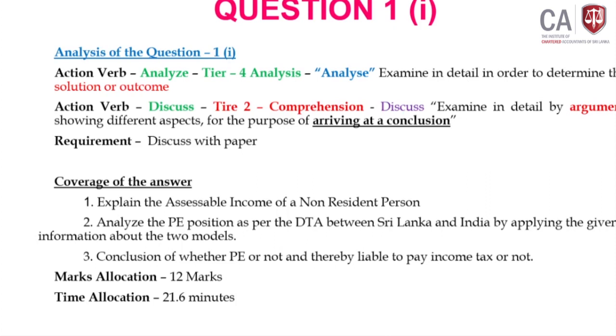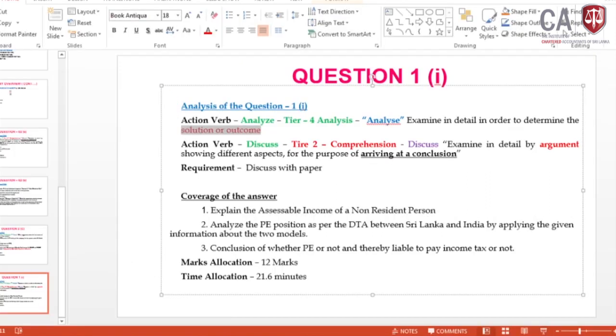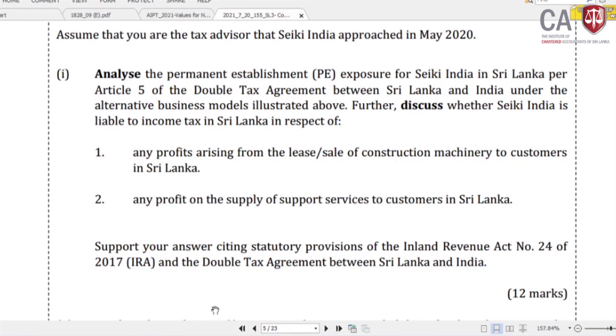In this requirement, there are 2 action verbs elaborating 2 different perspectives. How you are going to come to your answer, after reading the facts of the question, I will again come to this. Then again I am going to the paper.